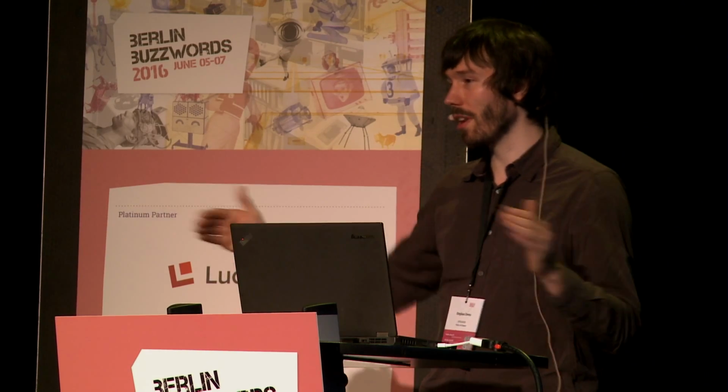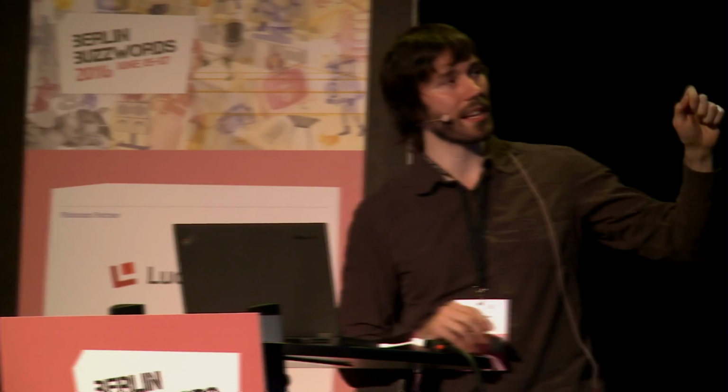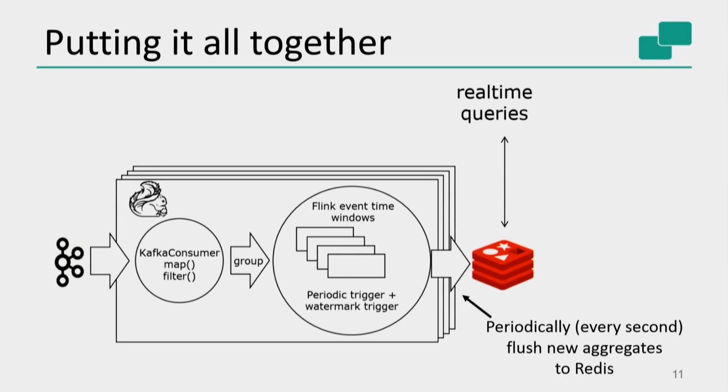Especially when you use the event time window functionality in Flink, which compensates for out-of-order events and for some late events, then the hour can be computed even quite a bit later than the full hour is up. So what you probably want to do in this use case is add something like, in addition to the event time watermark trigger, that is Flink's internal mechanism to figure out when an event time hour is full, a periodic trigger that just periodically flushes the current aggregates into the key value store, so you could actually pick them up.